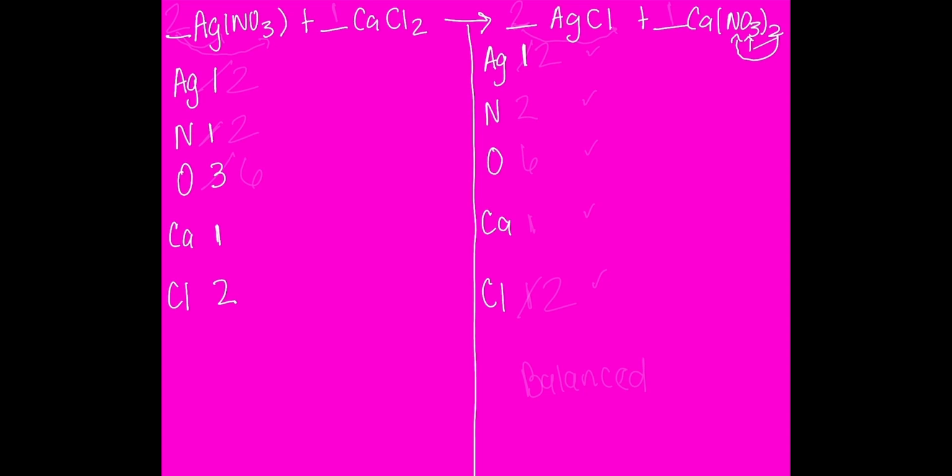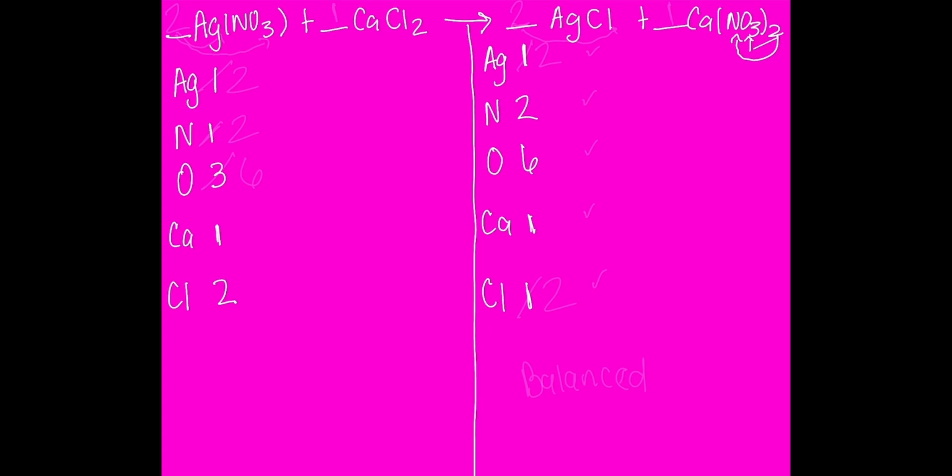So 2 times 1 is 2. That lets me know that I have 2 nitrogens here. So this 2 outside of the parentheses is very vital to understand how many of each element that we have, okay? And then 2 times 3 is 6, so I have 6 oxygens on my product side. I have 1 Ca, and then I have 1 Cl.